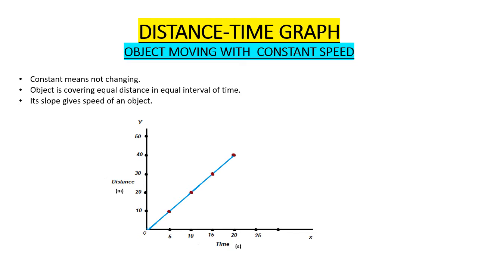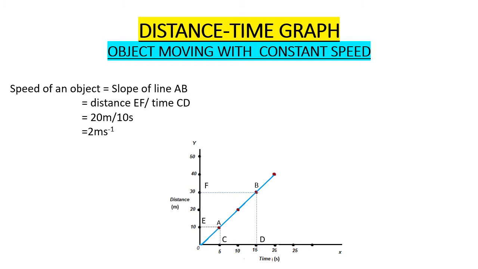When the object is covering equal distance in equal interval of time, that graph is called constant speed graph, because at every point we will get the constant speed or unchanged speed. Now, how can we see that the speed of a graph remains unchanged? So the slope of the graph basically gives us the speed of the object at any particular point.